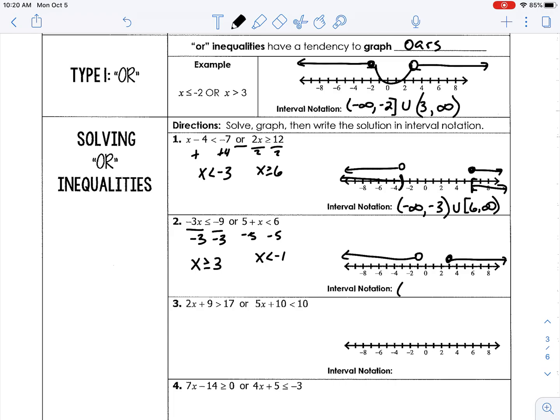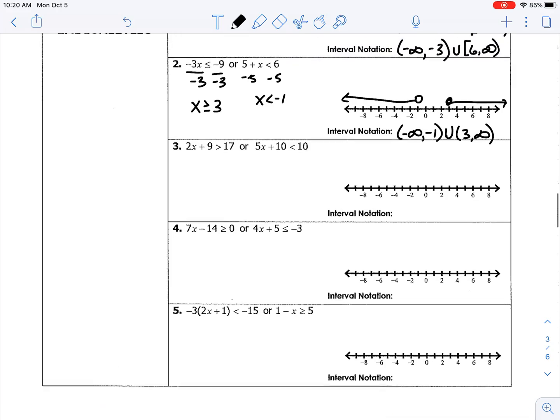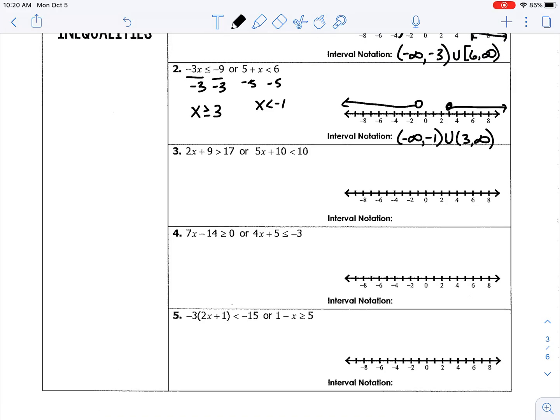In interval notation, I've got an interval that goes from negative infinity to -1. It's not included, so it gets a parenthesis. We're going to put our union symbol, and then we're going to go 3 to infinity. We haven't hit anything special. It's just multiple intervals, inequalities on the same graph.